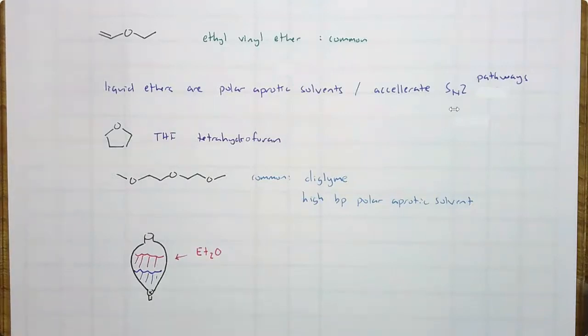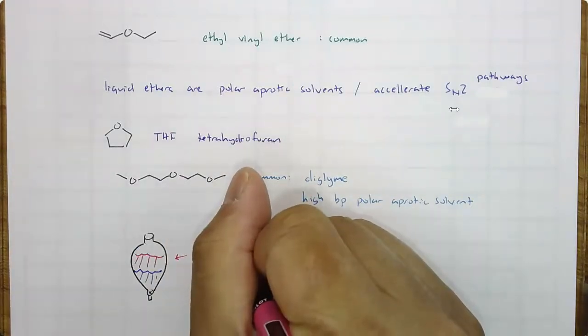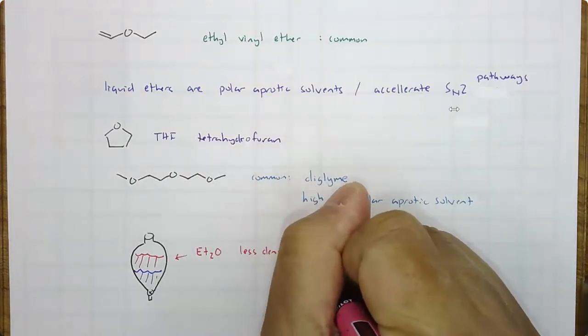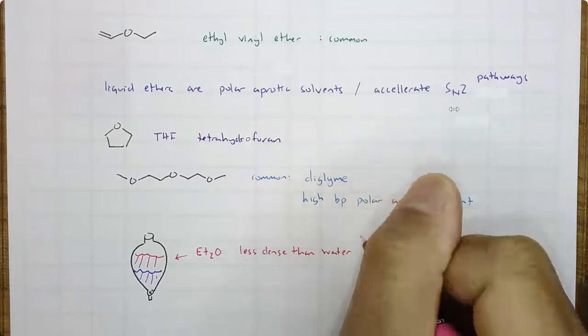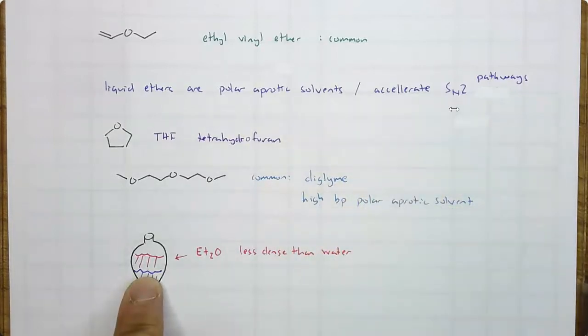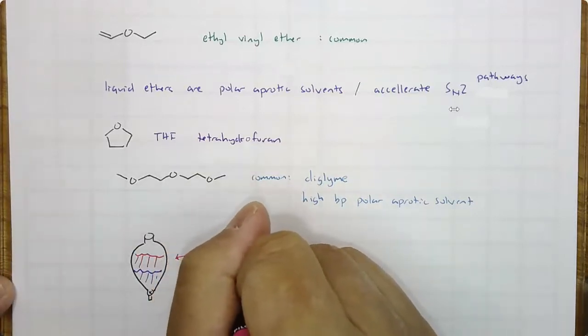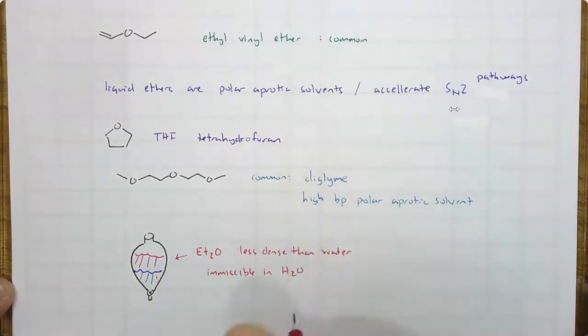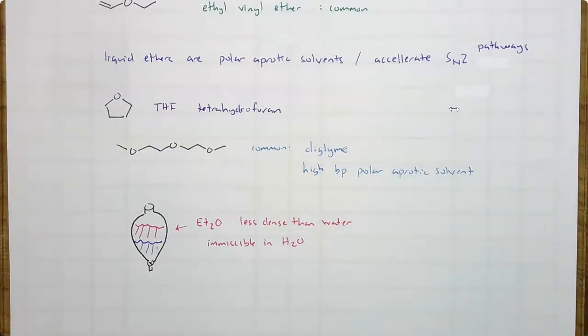So this is good for extraction. It's less dense than water. But it can typically dissolve organic compounds if you want to separate it from the rest of the mixture. Okay. Is there anything else I want to say about this? So again, it's immiscible in water. That may or may not be a surprise to some people.